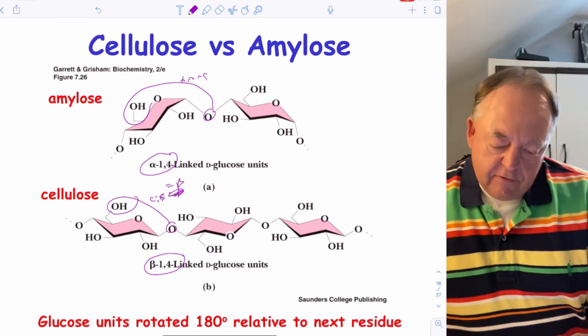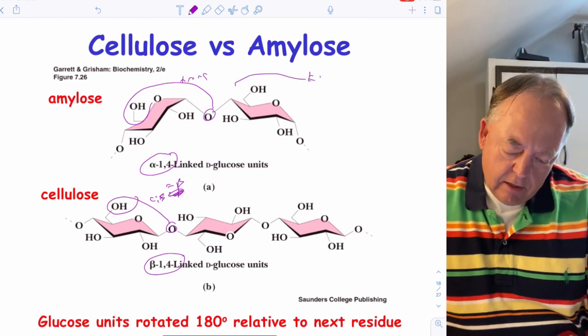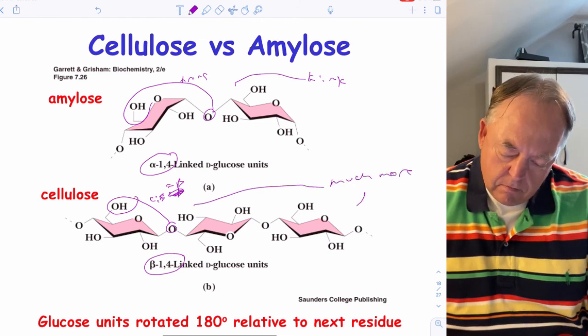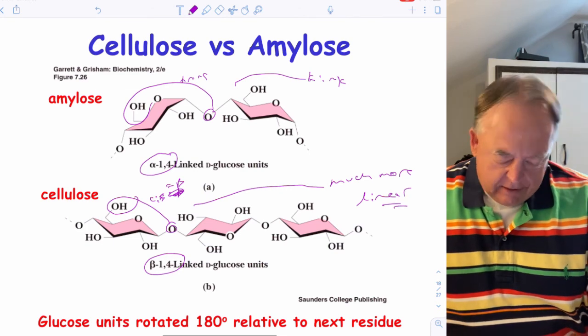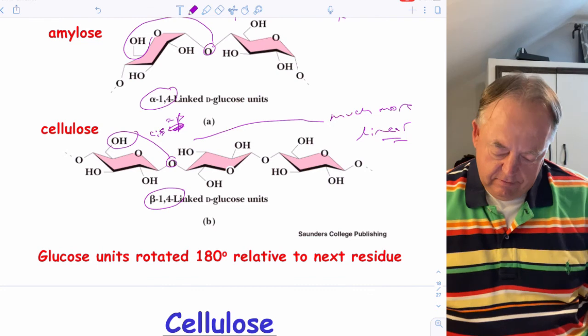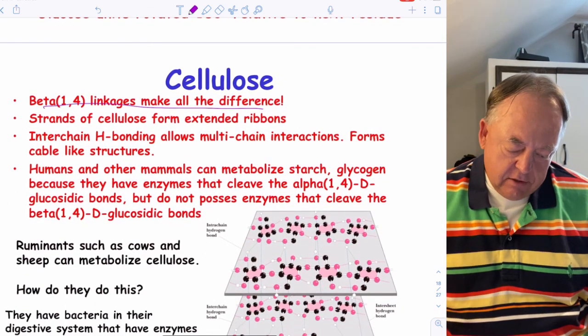So that makes a big difference because you can just see from this diagram there's kind of like a kink in the molecule here, whereas this is much more linear. And so cellulose then can form more fibrous structures. Right, so that beta-1,4 linkage makes all the difference.